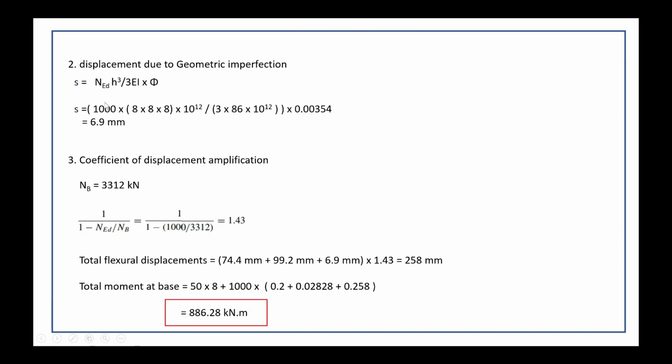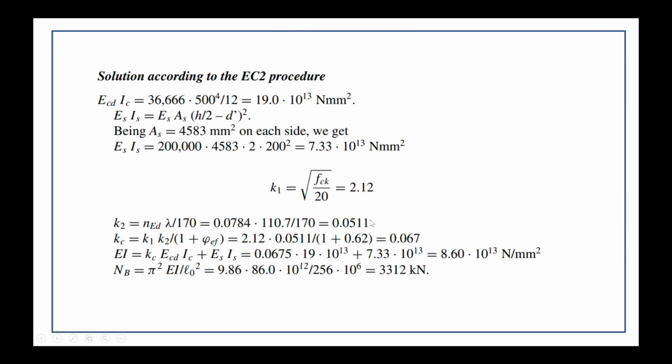After you input the values, we get S equal to 6.9 millimeter. This is the value of the geometric imperfection. Okay, now let's check the critical load. NB is equal to 3,312 kilonewton. You can check the slide about the solution according to the second order procedure. NB is equal to 3312 kilonewton.